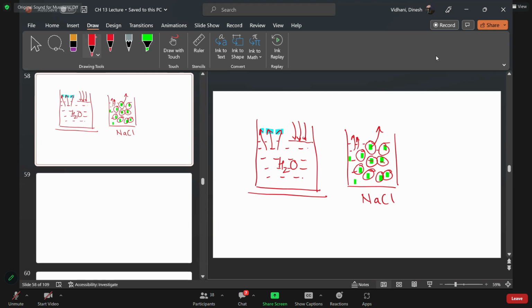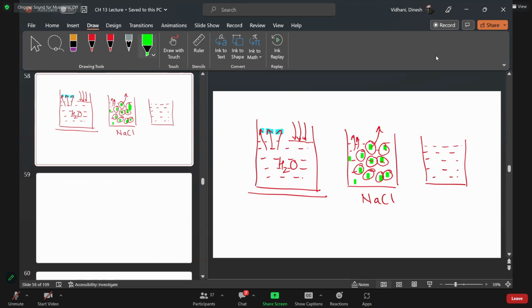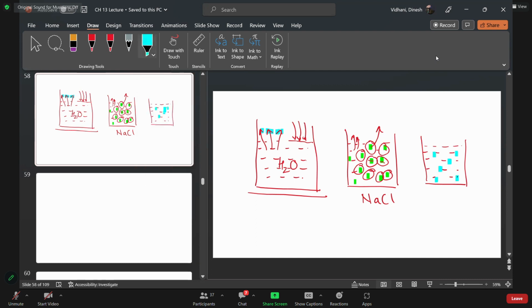Now, a similar thing will happen when you have glucose. So you have water, and if you put glucose in that, I'll put glucose in blue so that you can see. Now, in this case, what is exactly happening?